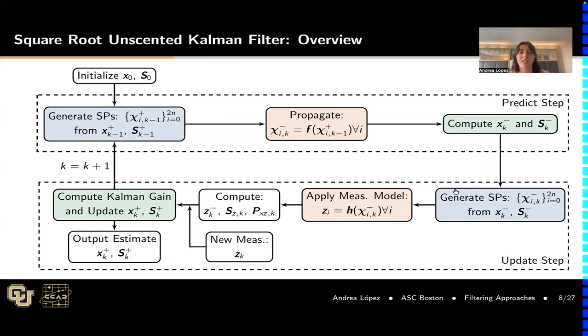Another advantage is that when we are generating our sigma points in the standard UKF, we have to calculate the Cholesky factor every time. Here, that Cholesky factor is readily available because it's what we're using in our filter, so that's one step that we can omit.